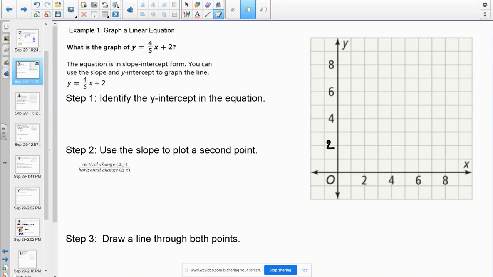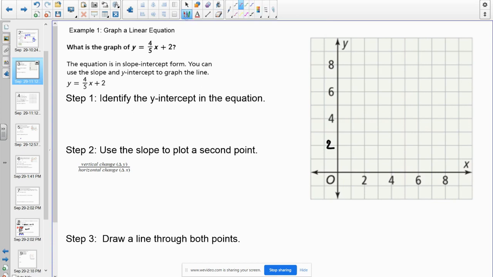So we're going to graph a line from an equation. The equation in this first example is y equals 4/5 x plus 2. We're going to take that equation, which is in slope-intercept form, and put it on this graph over here. My first step, I always say, is to identify the y-intercept.